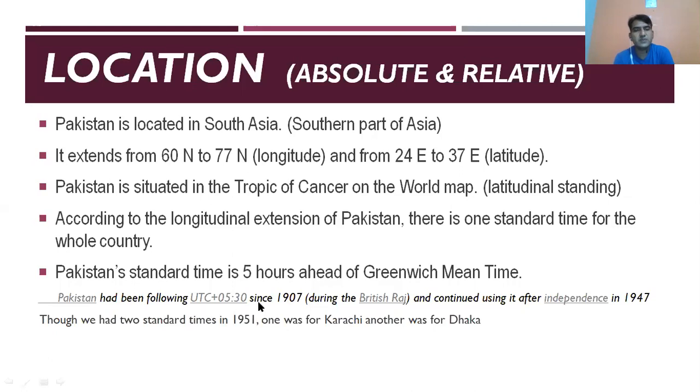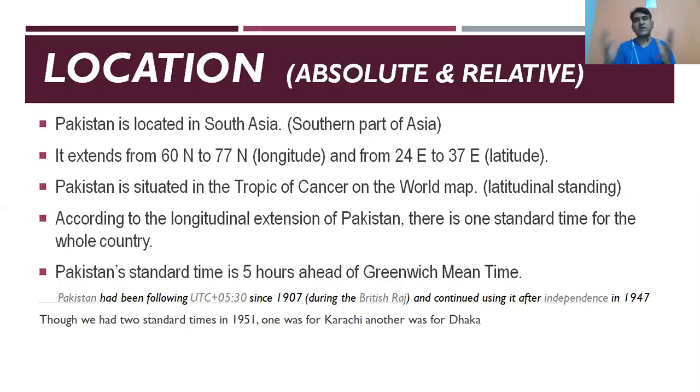Pakistan has been following this standard time from 1907, when we were ruled by the British Empire, and we continued the same standard time. But in 1951, Anwar Ali gave the idea of two standard times for Pakistan, because Pakistan was combined, west and east parts together, called United Pakistan.